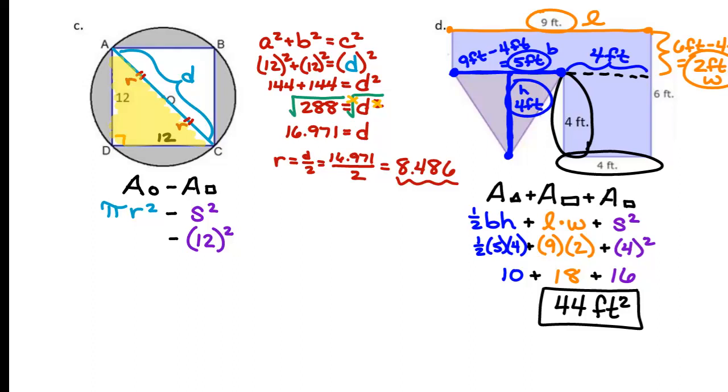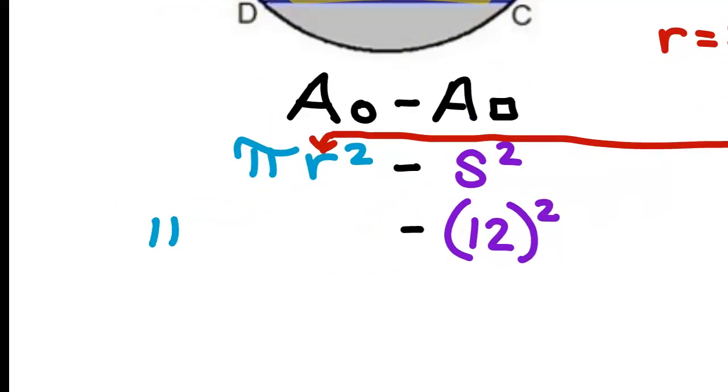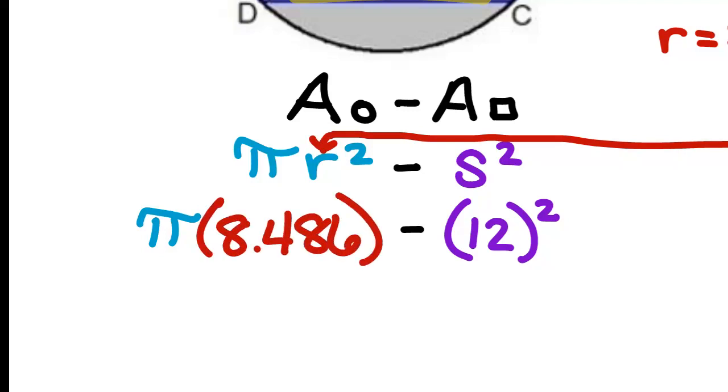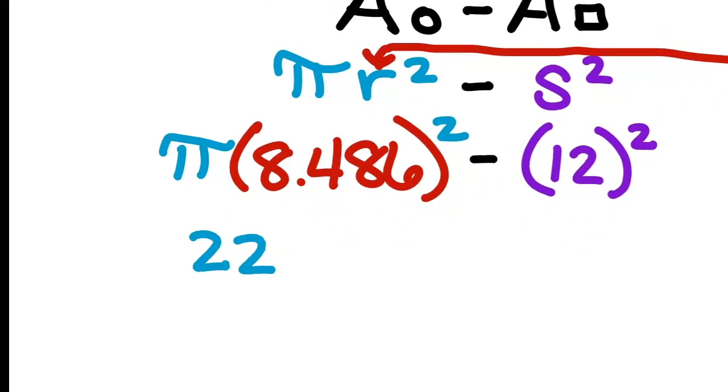So that is the value that we're going to put in for our radius right here. So I have pi times 8.486 squared. Pi times 8.486 squared comes out to be about 226.233.